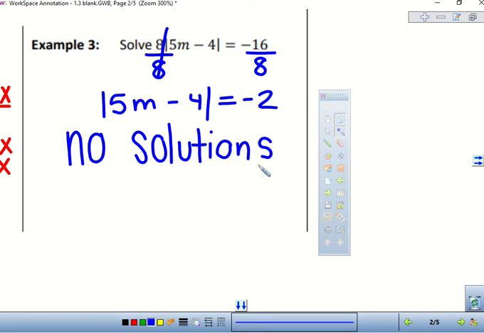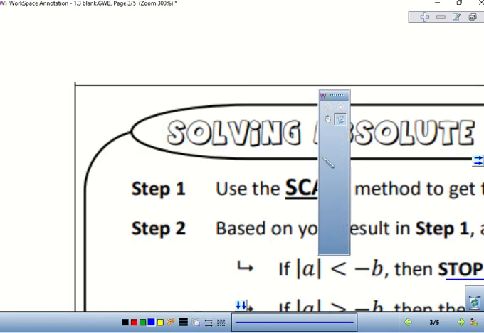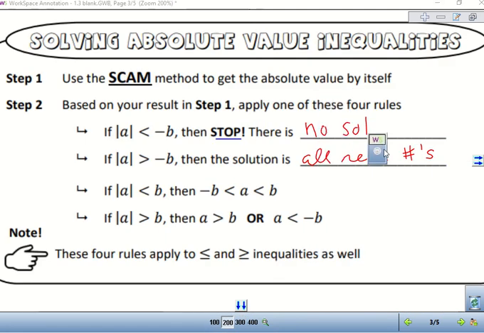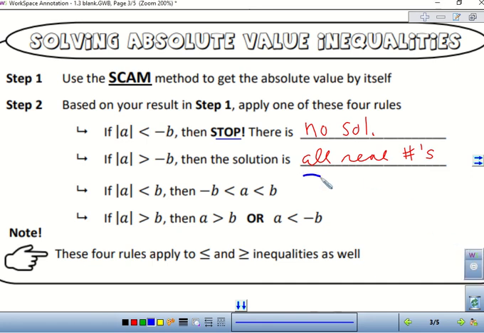All right, let's go ahead and look at the inequalities now. So let's talk about solving absolute value inequalities. It's a little bit different. Same but different. There's a few fill in the blanks for this one. Now I want you to add a little thing here.